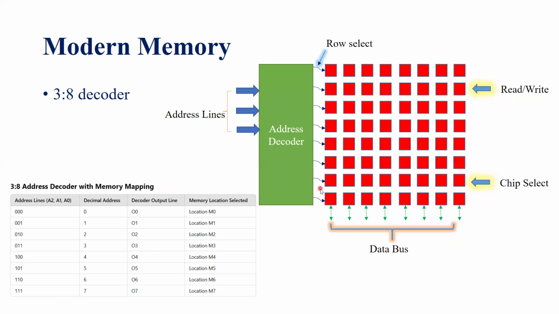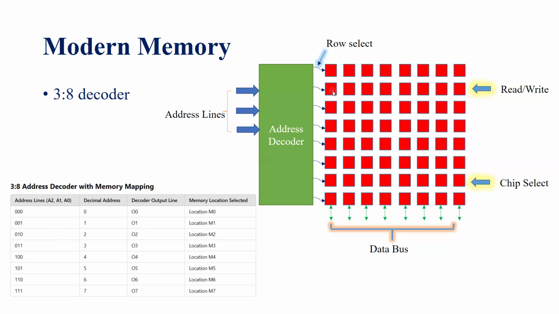Depending on the values placed at A2, A1, and A0, suppose 010, that particular location is selected because that particular output line of the decoder gets activated, and the remaining output lines remain inactive. Let's say you select the address 001: the decimal address here is 1, and the location M1 gets selected.